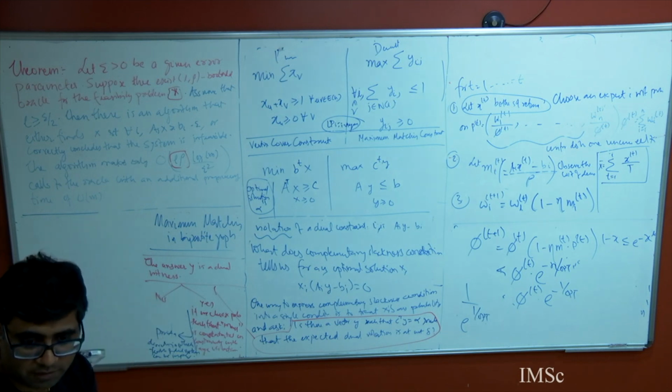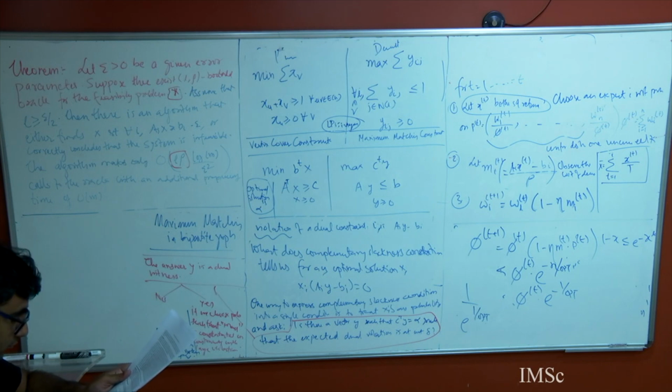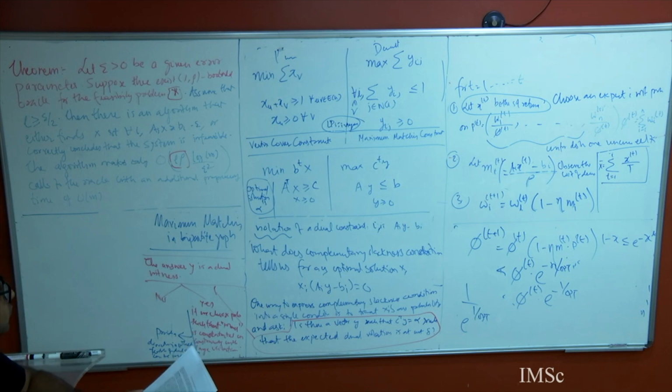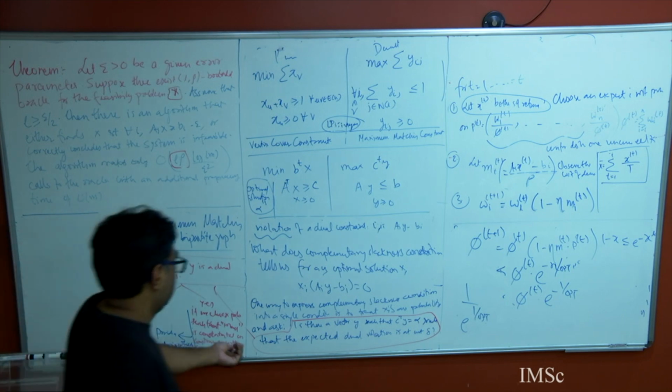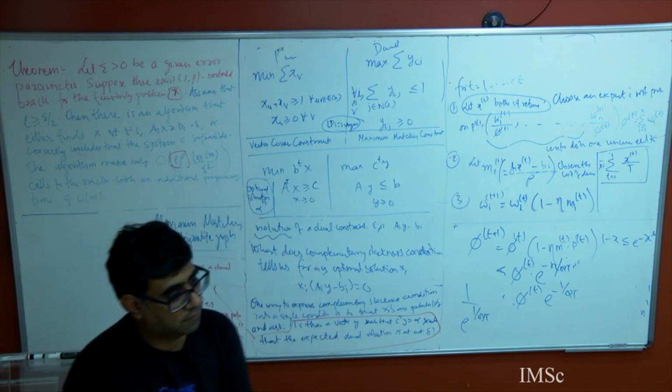Of course, dual does not have any feasible solution. But what does that mean? You definitely know that the dual solution, with this additional constraint that C transpose y should be equal to alpha, is infeasible. What is the meaning of that?